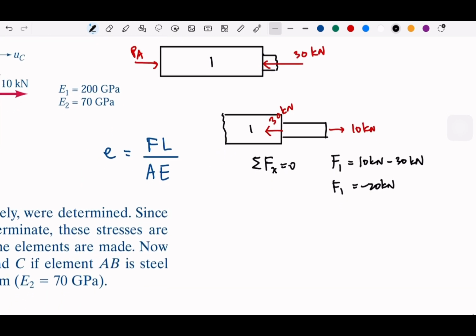And then if we cut the rod 2, maybe here's the cut, the same way we have F2. Suppose that this is going over there, F1 plus, so this will be F2. So F2 equals 10 kilonewton.